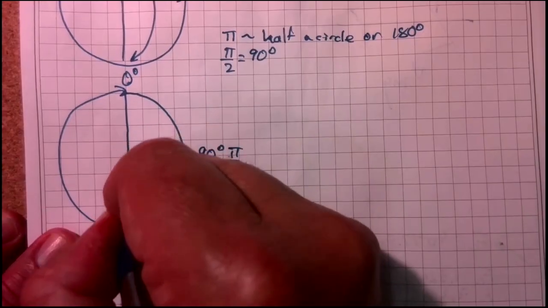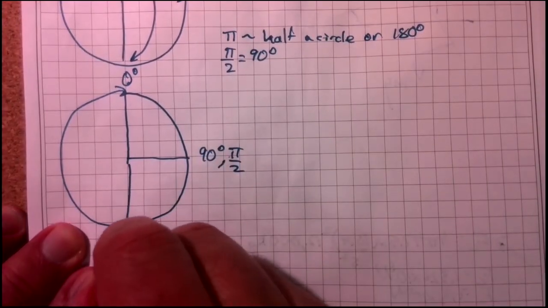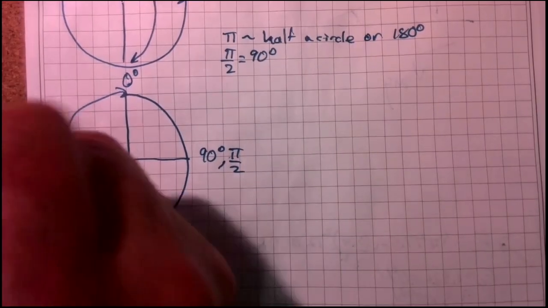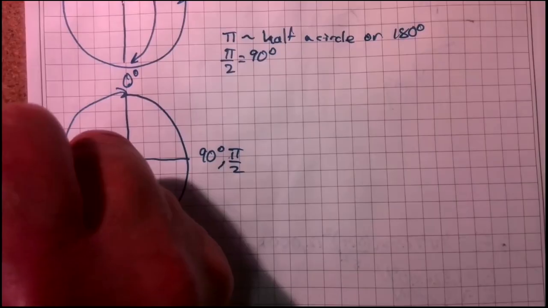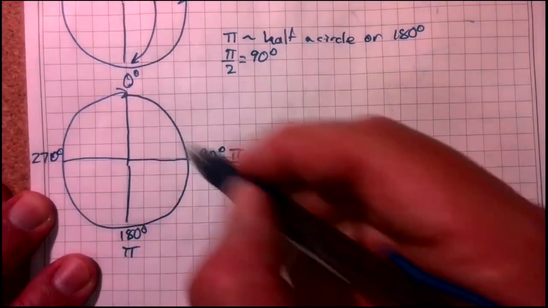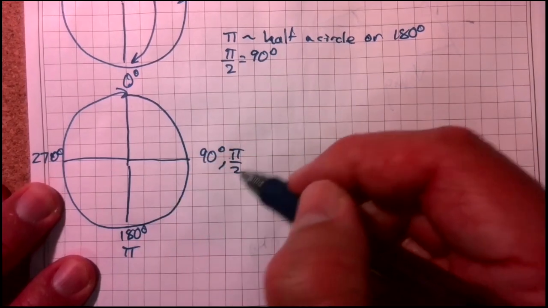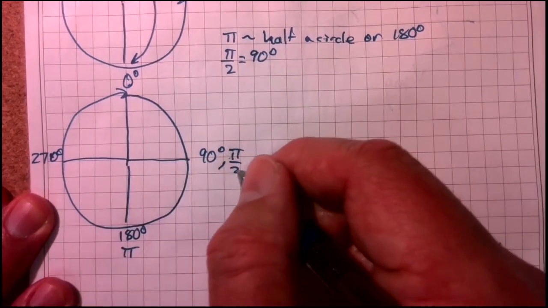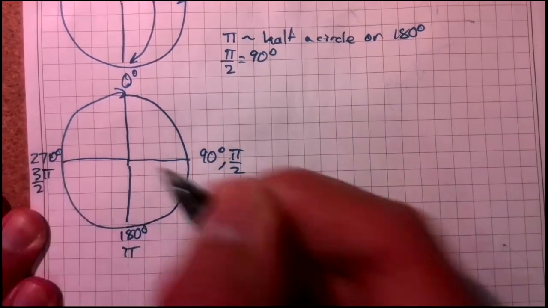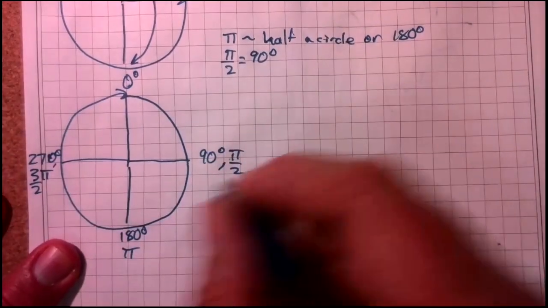If we went down here, this would be 180 degrees, or pi radians. Or if we went over here, this is 270 degrees. And so if we go this way, that's pi over 2, then pi here, so we'd add another pi over 2, and so this would be 3 halves pi. That would be our angle right here.